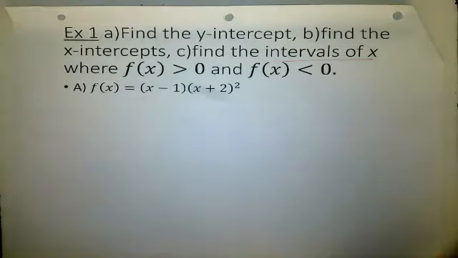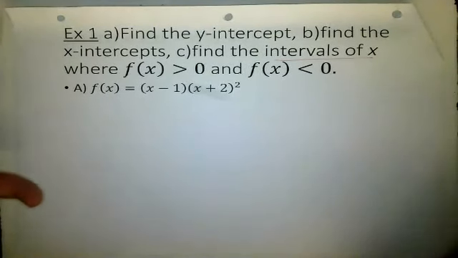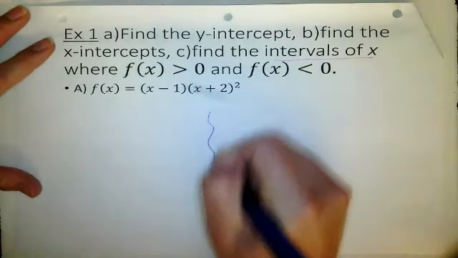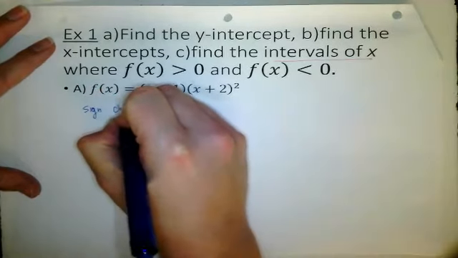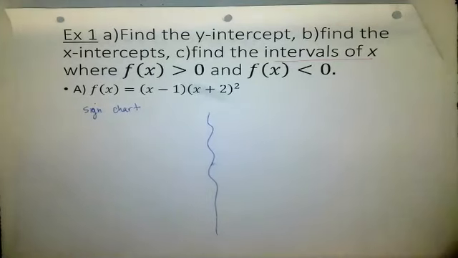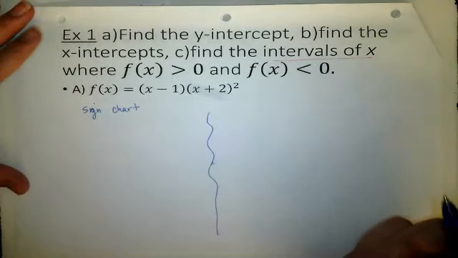The first and probably most basic way is a sign chart. Sign chart is a great method, probably the one the book wants you to use, and it's definitely a method you're going to see again in calculus, so it's good to know.